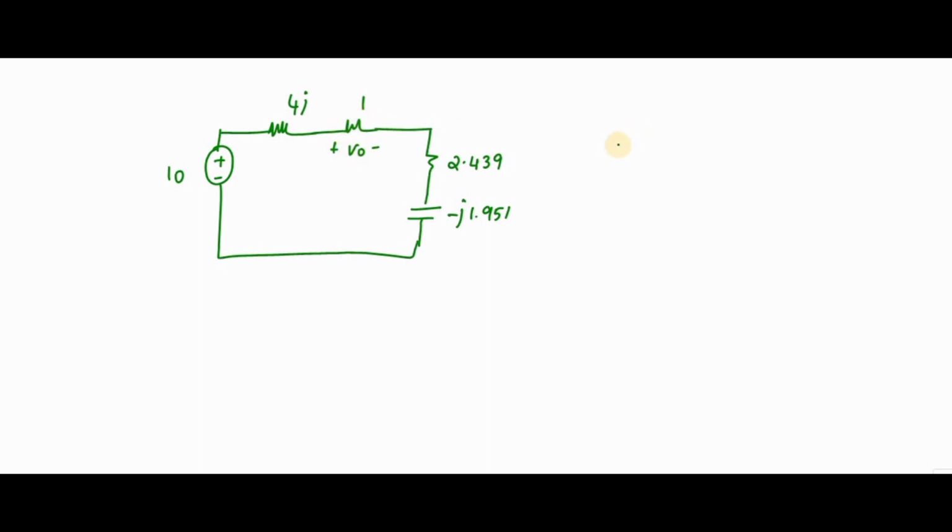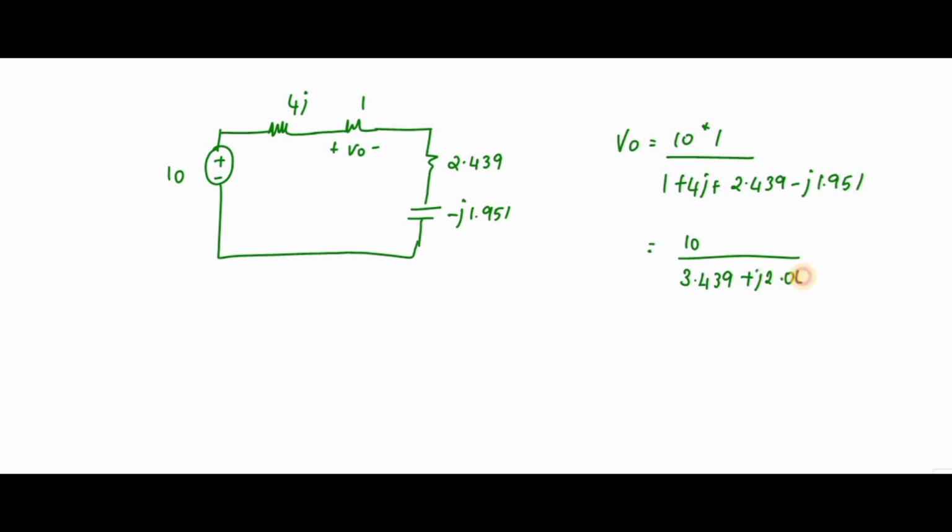V0 is equal to 10 times this resistance divided by 1 plus 4j plus 2.439 minus j1.951. That is 10 divided by 3.439 plus j2.049. Solving, I get 2.498 angle of minus 30.79 degrees.